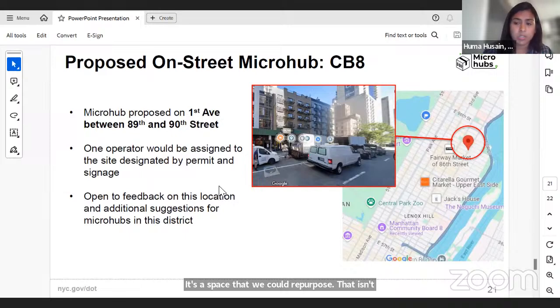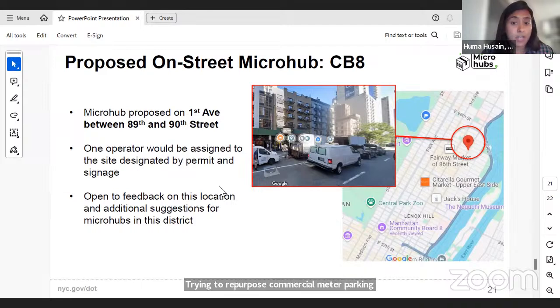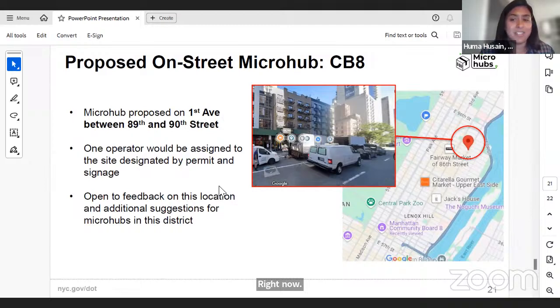That's one thing we're trying to avoid, repurposing commercial metered parking and truck loading zones, if we can. And then it's near a bike network, which was also important to us, particularly if companies are using cargo bikes. But it can be in other places if you have ideas.